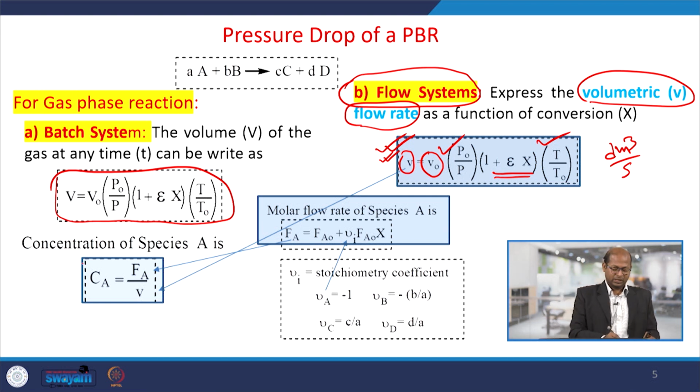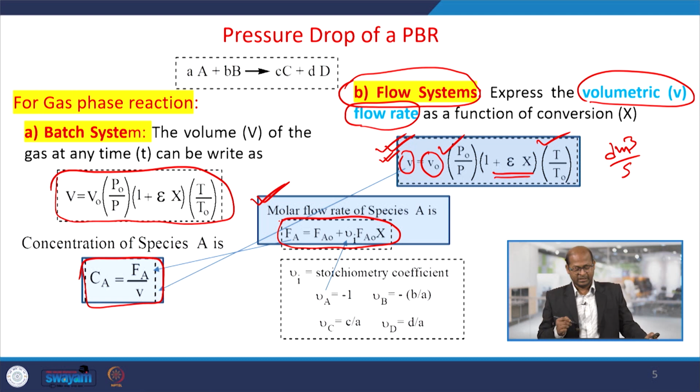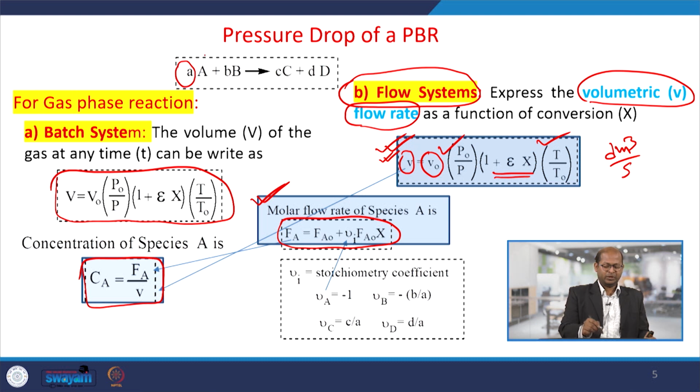Now, the concentrations we can express in terms of molar flow rate by volumetric flow rate, and molar flow rates we can express in terms of this also, which we discussed in our previous class. So, F A equals F A naught plus the stoichiometric coefficient for that particular species. Here the reaction is A plus B going to C plus D, where A and B are the reactants and C and D are the products.